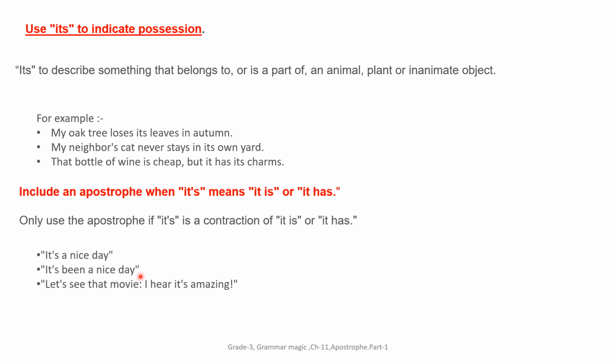So you should be aware of where to use it has first in the sentence, then only you can use the shorter version it's. It has been a nice day. Let's see that movie. I hear it's amazing, meaning it is amazing. Both are different, so you should know where to use its without apostrophe and where to use it's with apostrophe.